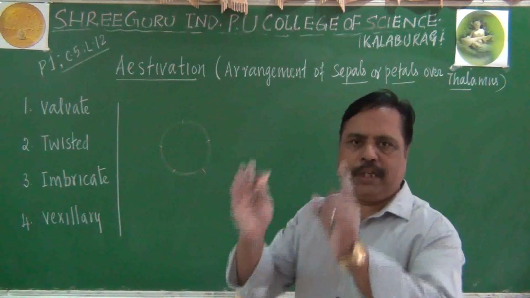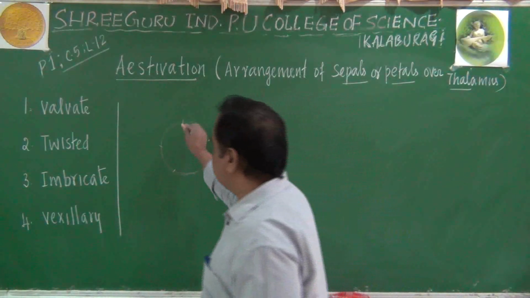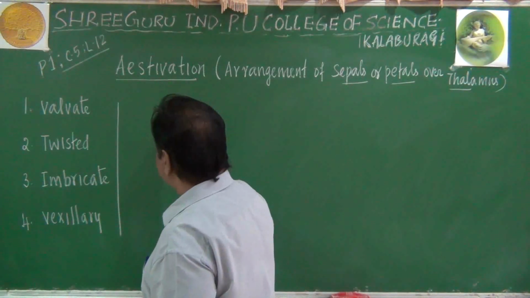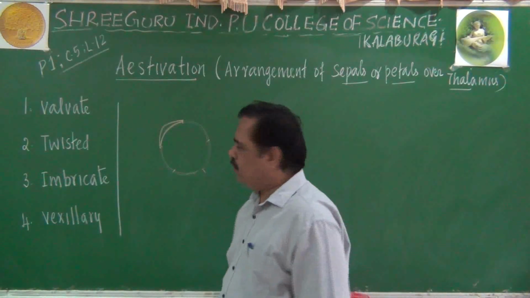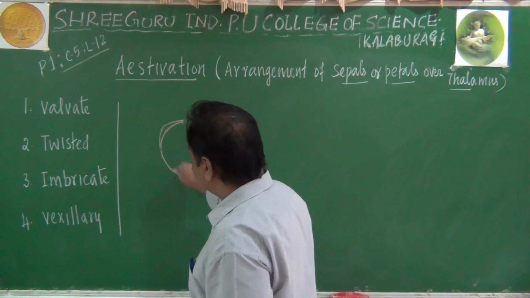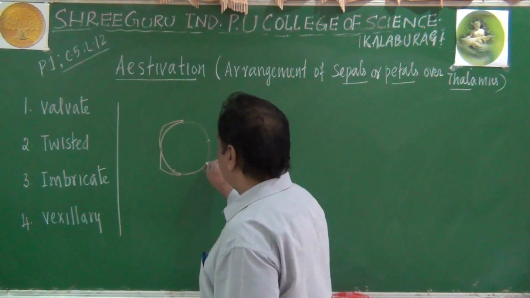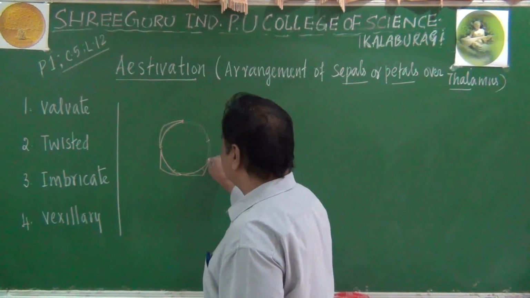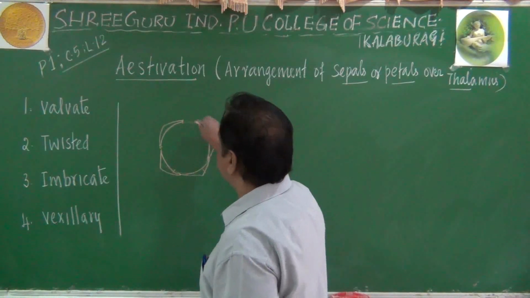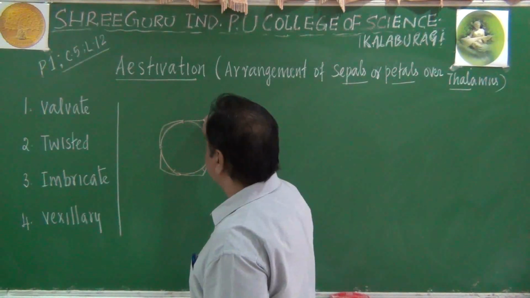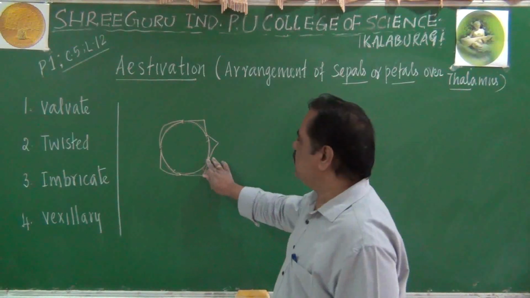This is one sepal, this is another sepal, the third sepal is like this, the fourth one is like this, and the fifth sepal is like this. There are totally how many sepals?